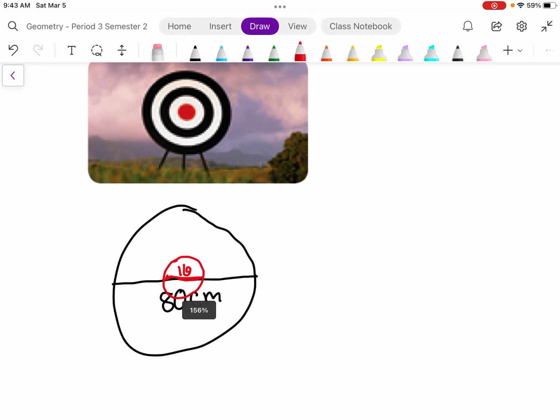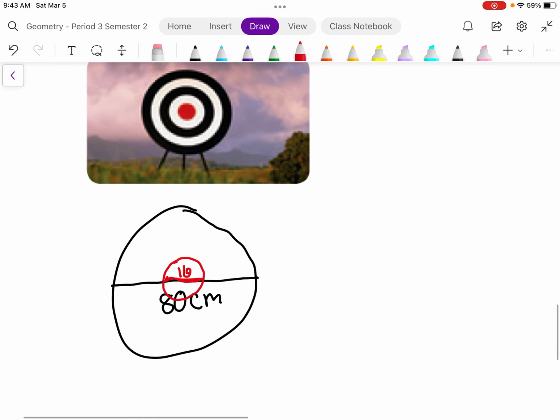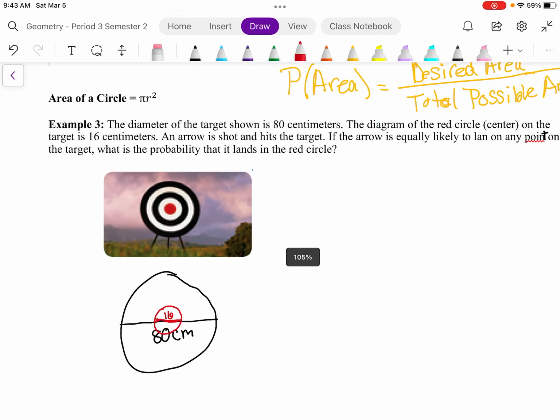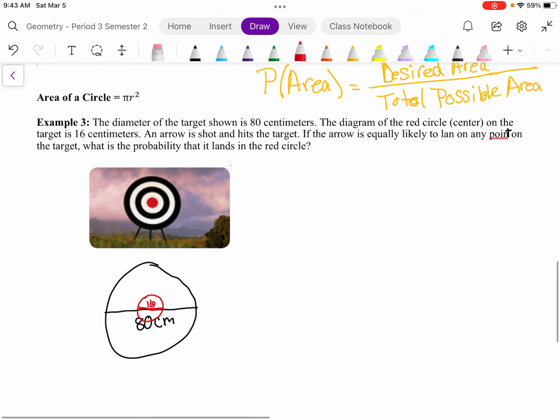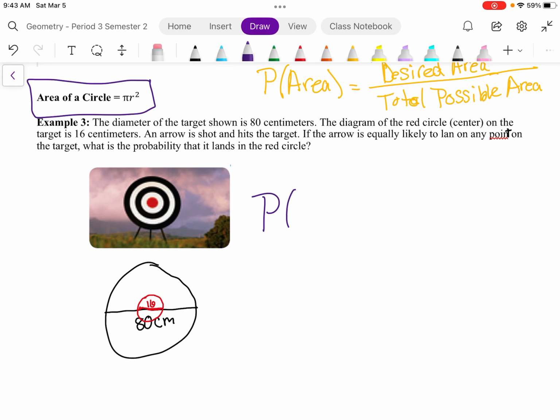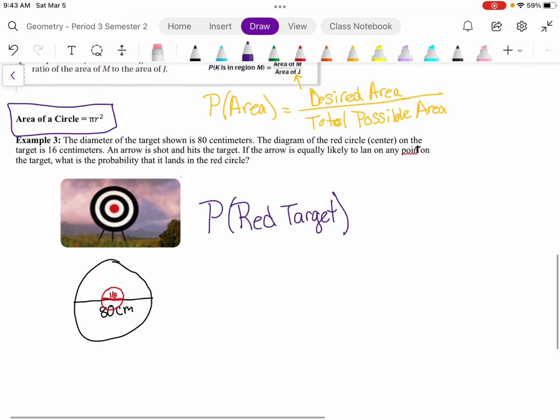So for this, we want it to land in the red, and the total possible outcome is anything inside of the black circle. And on the top, they did give us the area formula for a circle. So we're looking for the probability that it lands in the red target. So when we find this probability, we're going to have the area of the red circle.